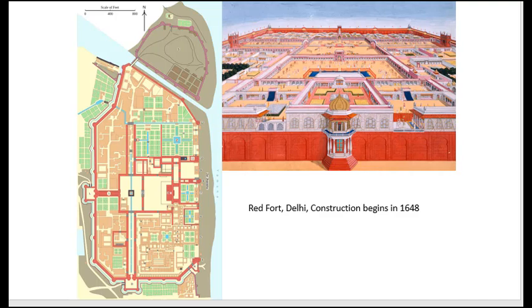By the time it was completed in the 17th century, as I said, it had thousands of rooms and housed over 50,000 members of the imperial household and servants. And of course, all of this had to be paid for by taxes paid by Indian peasants. And so this was an increasing exploitation of the Indian masses by their Mughal rulers.